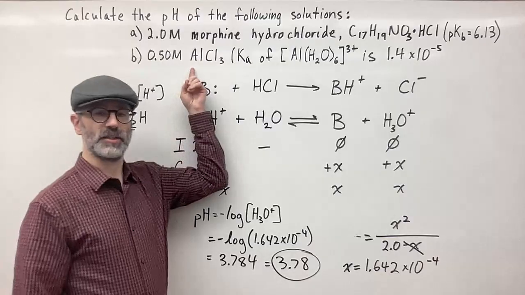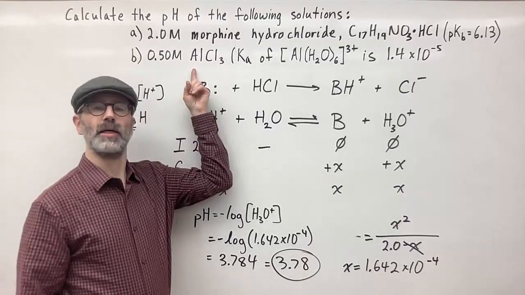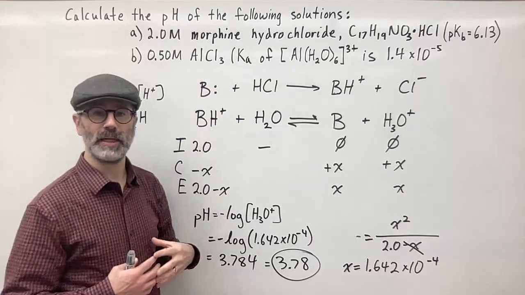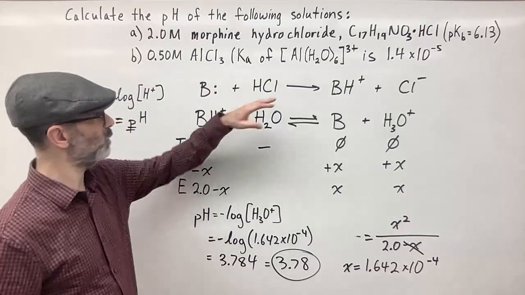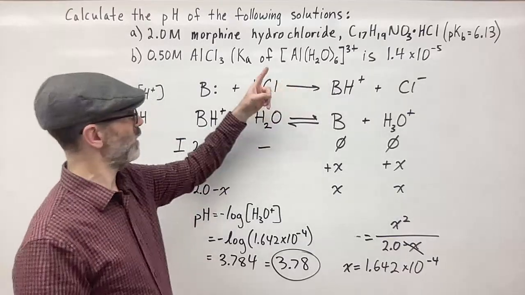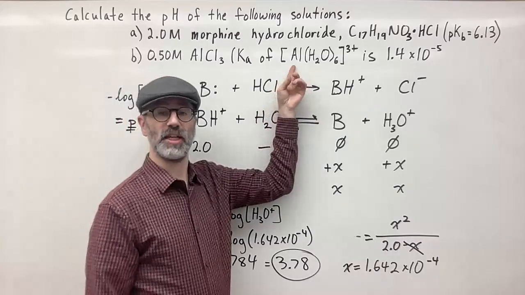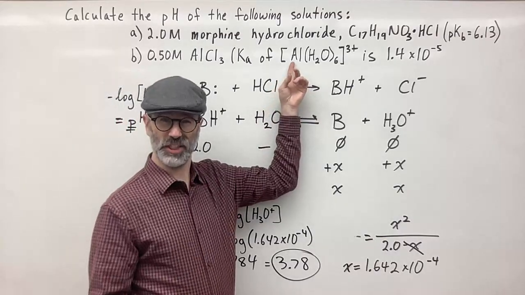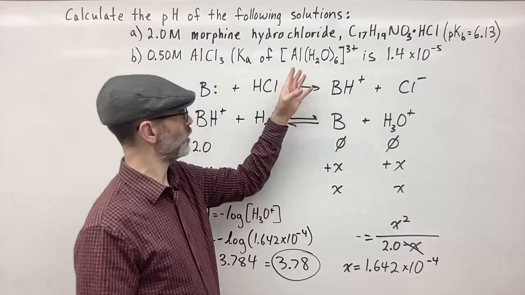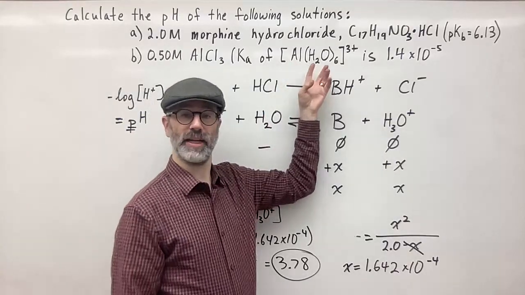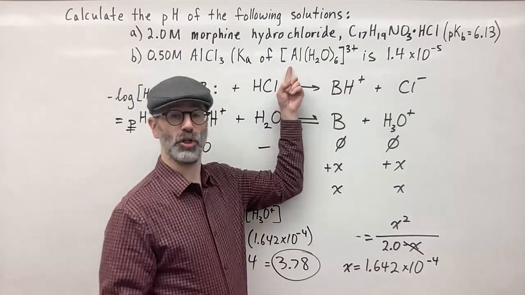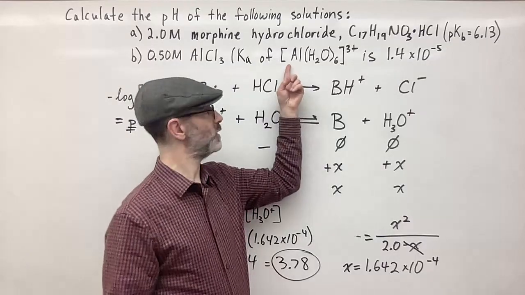However, because aluminum is a small, very highly charged ion, it is going to form a complex with water. So you get this aluminum water complex ion forming, and because of the strong, relatively large charge on the aluminum and the small nature of it, these water molecules are bonded to the aluminum metal, forming ligands.